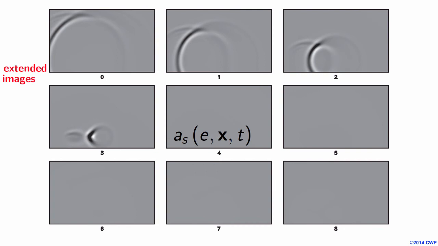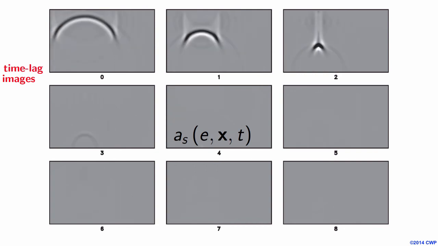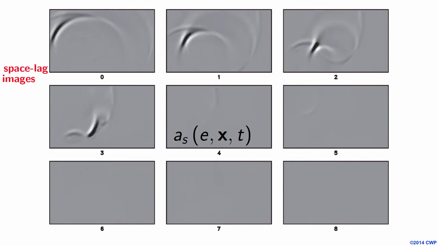So there's some directionality of this wavefield going towards the receiver, the source, because this is a source adjoint wavefield. On the other hand, the time lag images do not have directionality. They just spread the information in all directions equally well. And if we use space lag only, we have again the directionality. And in this case, I made the space lag large enough that it captures the wavefields themselves. If you don't make the space lag large enough, you simply lose the events.